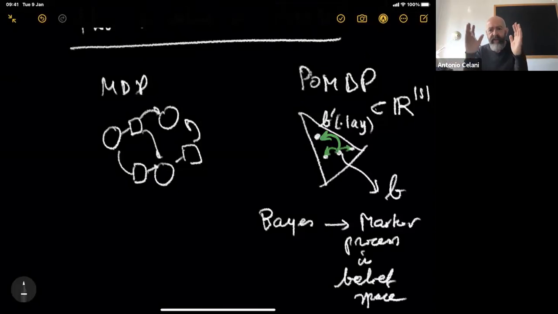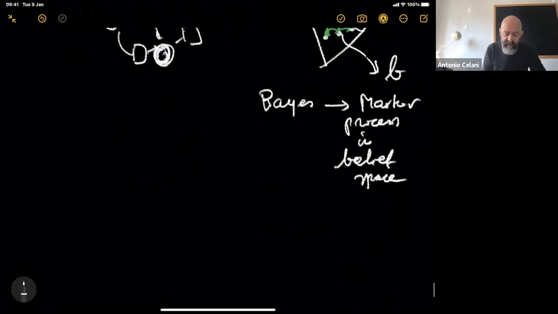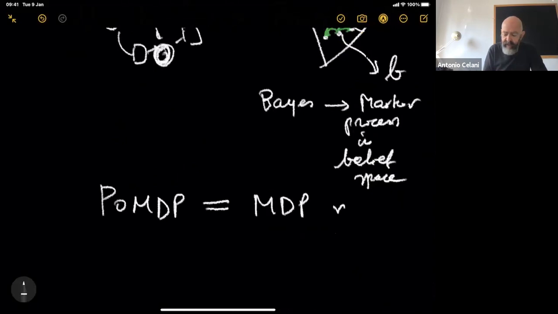So if you make just the conceptual effort of replacing the notion of a state with the notion of a probability over states, we are lifting to this higher dimensional, actually continuous space. This means that a POMDP actually is equivalent to an MDP in belief space.